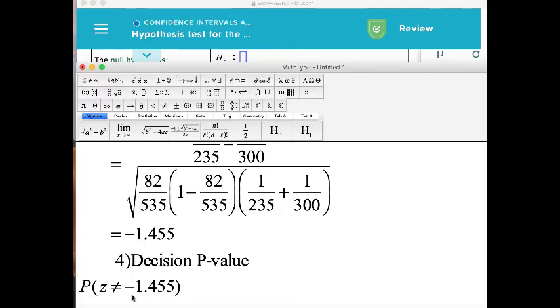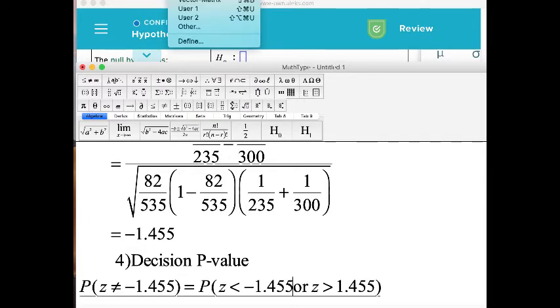So we have the P of Z is not equal to negative 1.455. There are two cases that can happen here with the two-tailed test. We can have the probability that Z will be to the extreme left of negative 1.455 or to the extreme right of 1.455.